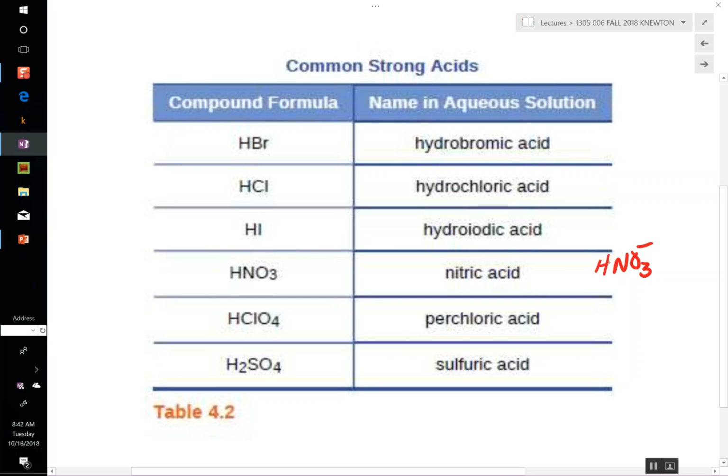If you associate it with a hydrogen plus ion, you get nitric acid. That's a very strong acid. Perchloric acid, HClO4, and sulfuric acid, which actually has two hydrogens on it. Remember the sulfate ion, SO4 minus 2? Now we're putting two hydrogens on it. That's sulfuric acid.